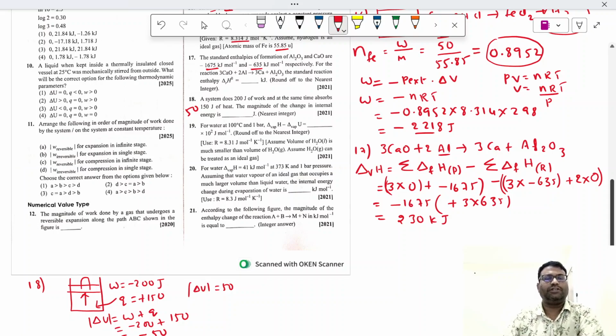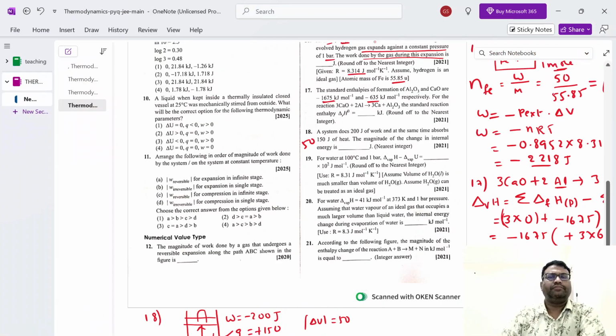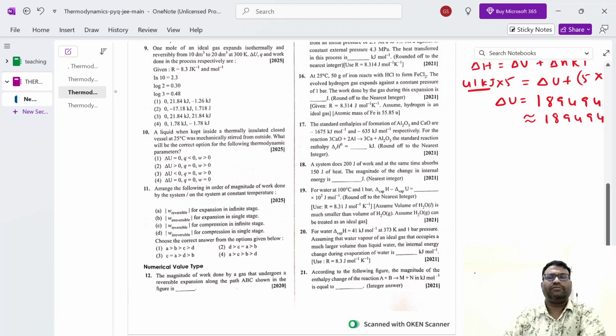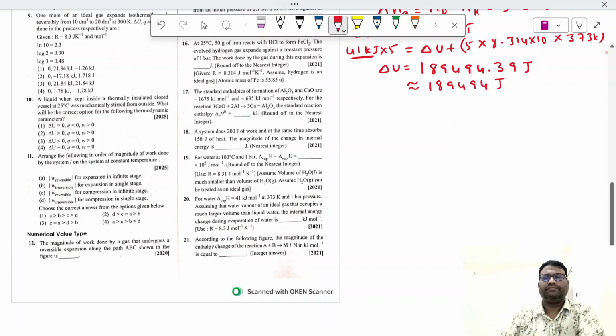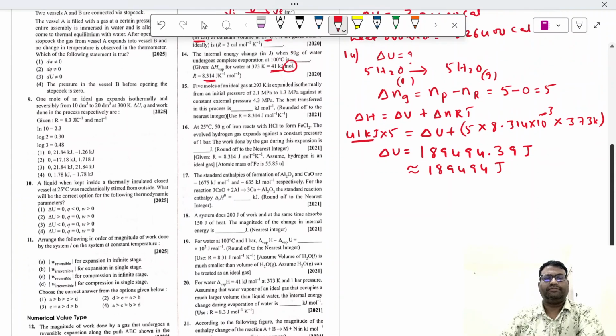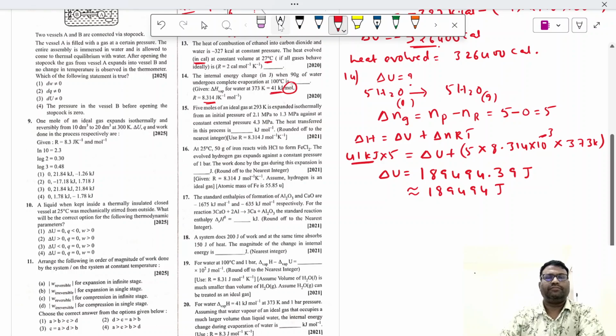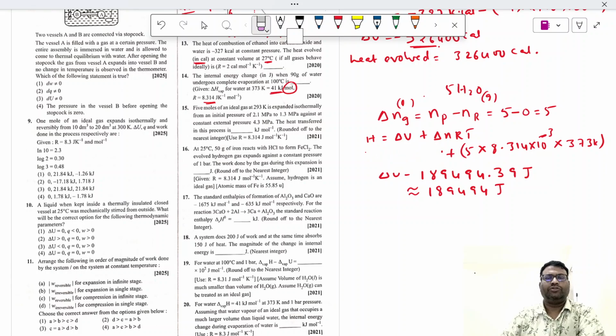Next question is 19. Question number 19. In question number 19, what is asked?